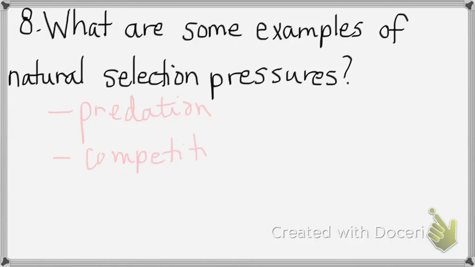Changes in climate. Excellent. The weather, the climate. It's too cold, it's too hot. It floods. Maybe it snows. Could be fire, earthquake, avalanche. I mean, there's just so many possibilities there. Disease, excellent. Those are all excellent choices.